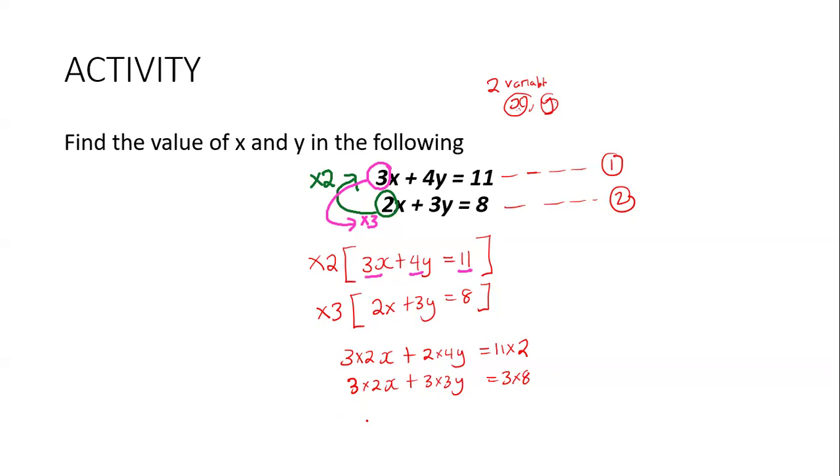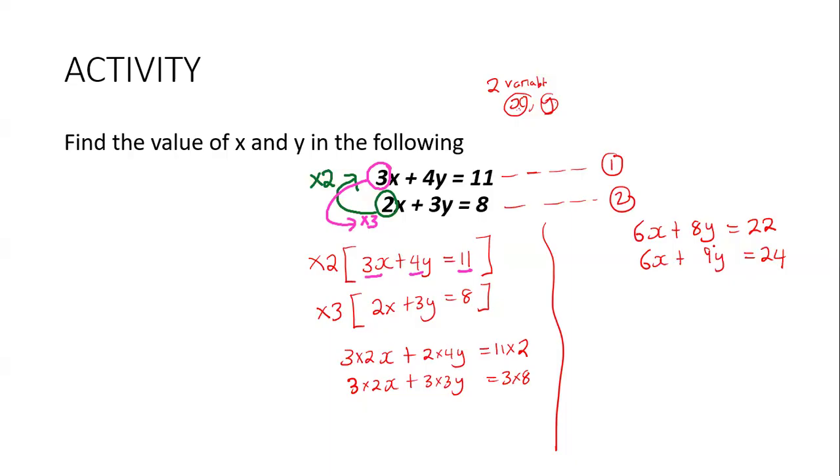Then plus 2 times 4y, we have 8y, which equals 22. Good. Can you continue to the second equation as well? 6x plus 9y equals 24. Very good.